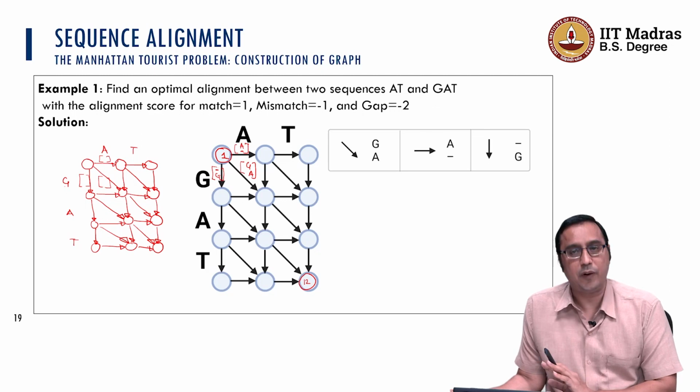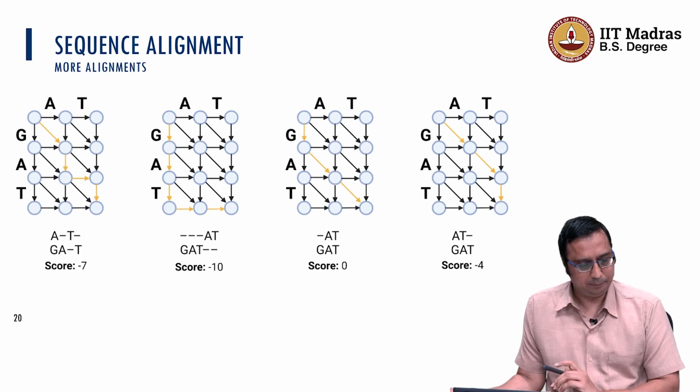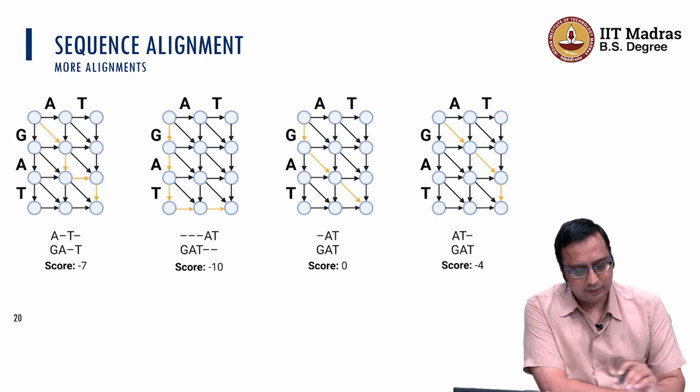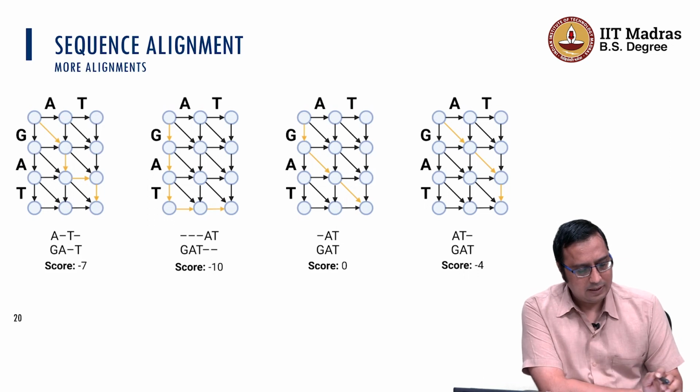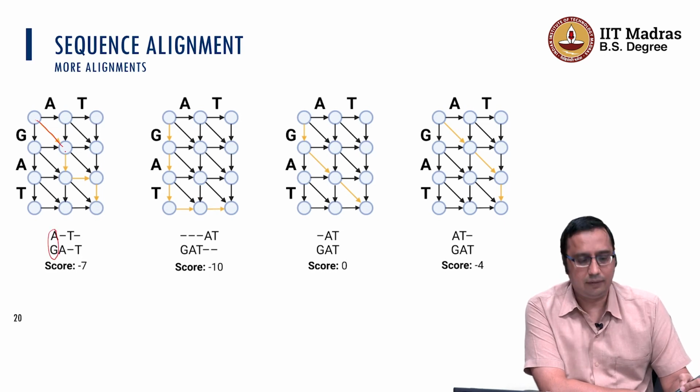So let's look at different paths which I have created for this example and the score associated with them. So I have provided here several alignments. I started with this path. I took this one, so this is AG.